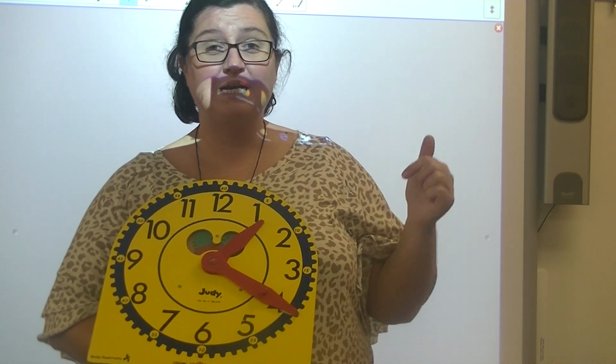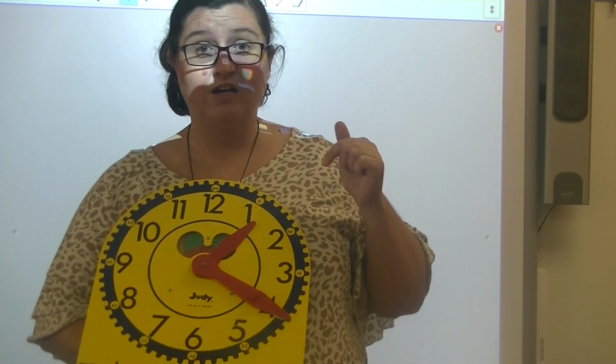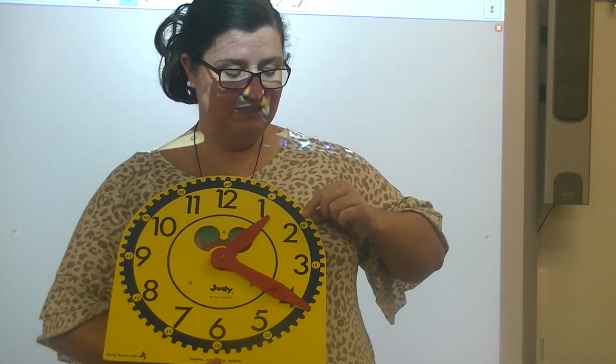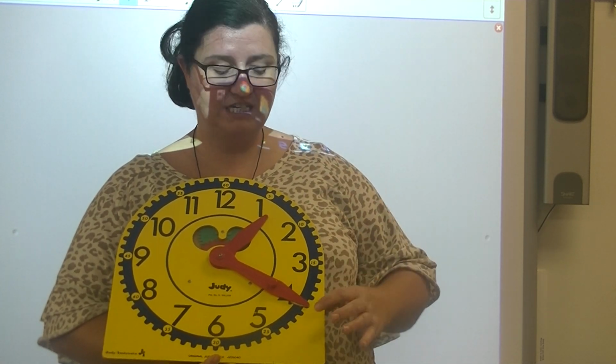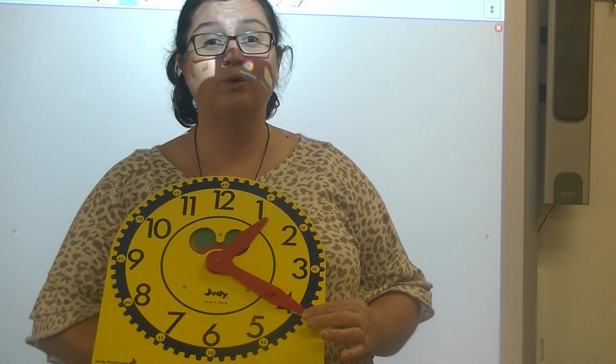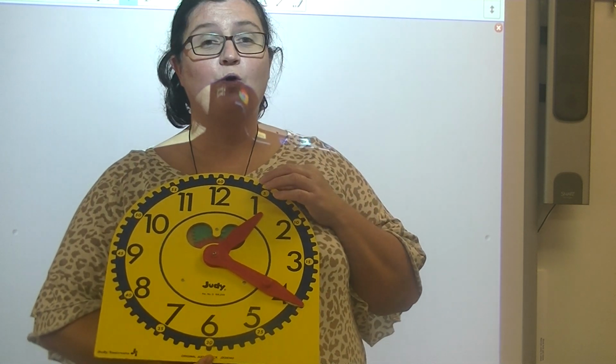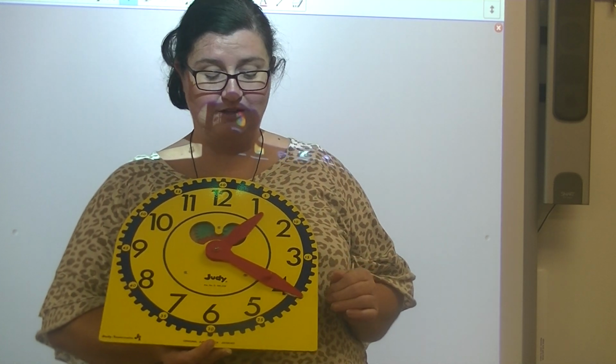Which number have I passed? I've passed the 1, so it is 1. My minute hand is on the 4. So let's count by 5s. 5, 10, 15, 20. It is 1:20. 1:20 on my clock.